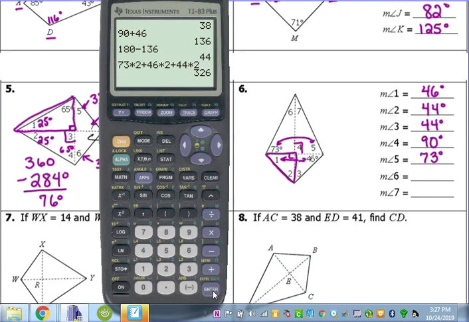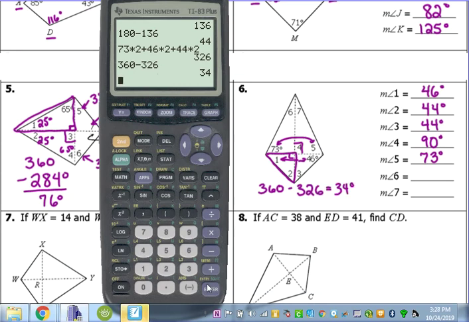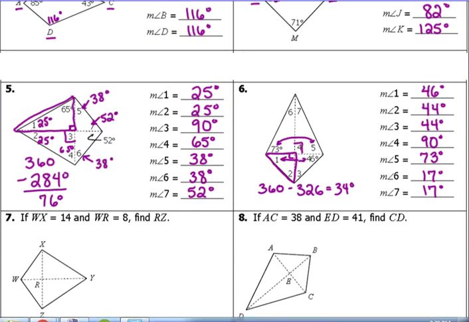Angle 5 and 73 degrees, we have 2 of those. So we have 326 so far. So 360 minus 326 leaves us with 34 degrees for both 6 and 7. They are congruent to one another, so we divide by 2. So those are both 17 degrees.